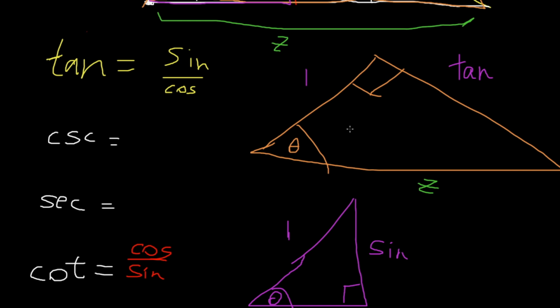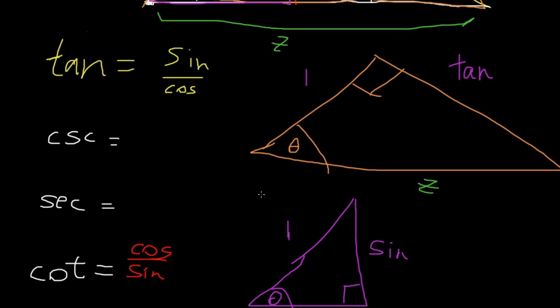Do you see that? It's the base because it's the adjacent. It's the side that's closest to the theta, not opposite. It's adjacent. So it's actually the hypotenuse over adjacent. Does that sound like anything we know already? Well, we actually know what adjacent over hypotenuse is. That's cosine.